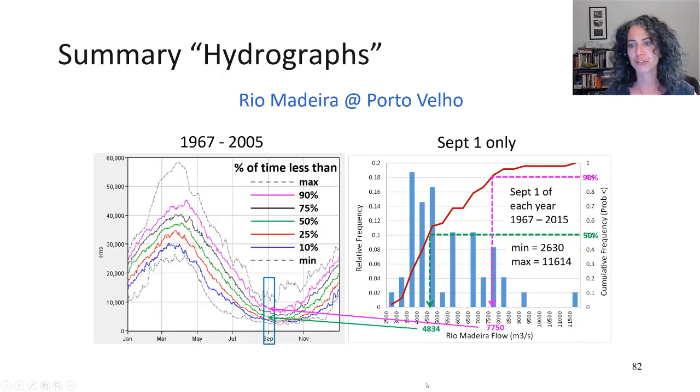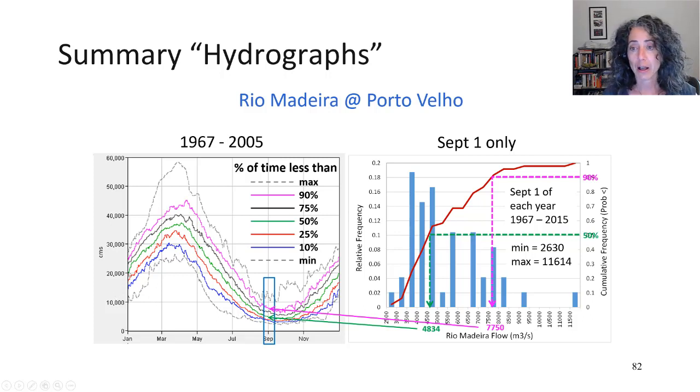I can then use those values on September 1st and do the exact same analysis for every other day of the year. Then for each day of the year, I can plot curves that are representative of those percentiles. So my 90% value is plotted here in pink separately for every day of the year. My median value is plotted in green for each day. It gives us a very interesting depiction of what the hydrology looks like at the site.